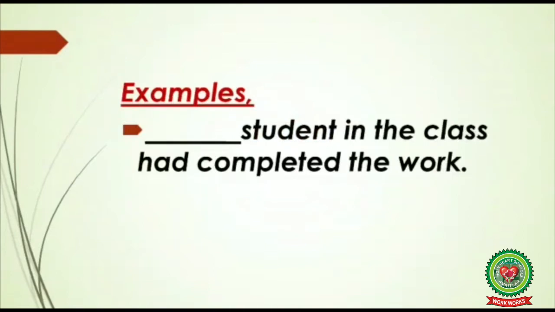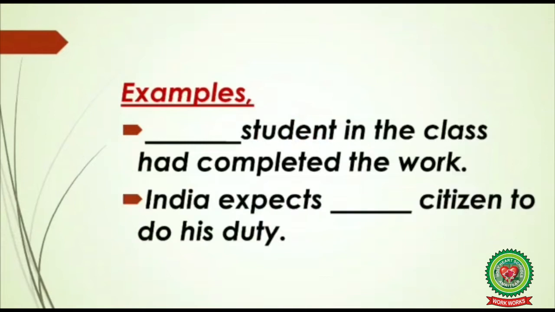Children, look at these examples. Dash student in the class had completed the work. India expects dash citizen to do his duty. Now what will you fill in the first blank? The number of students in the class is limited or definite.